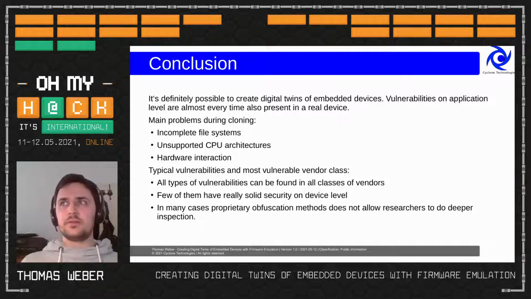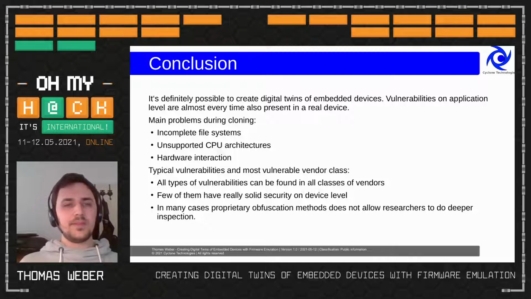With a lot of tweaking, you can add your own CPU architectures and maybe also a modified instruction set. Then you can increase the success rate. But all in all, I would say 10% are not really emulatable. And also the hardware interactions that you have. But as I said, you can use binary instrumentation tools like G-Link, which help you to emulate it anyway.